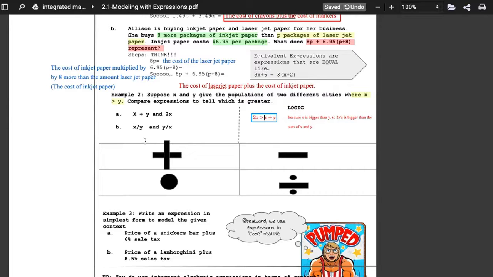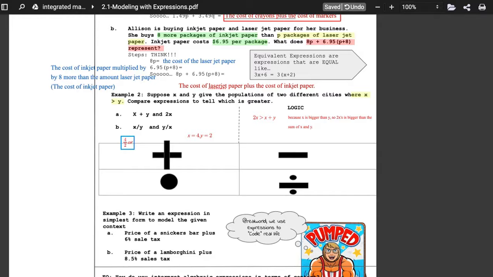All right, so then the next one, we want to know x divided by y and y divided by x. Again, if we plugged in numbers here, like let's say x is 4, and then y is 2. Then which has to be bigger? Are we going to have 4 over 2 bigger or 2 over 4?